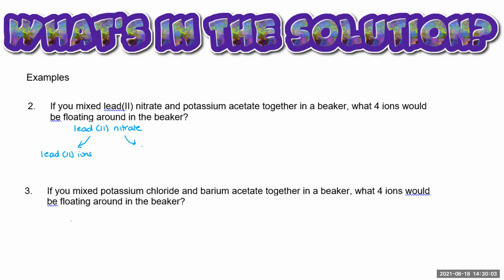And the negative ion is the nitrate ion. What about potassium acetate? That would be made of potassium ions and acetate ions.